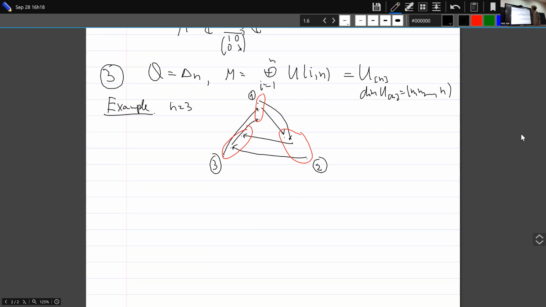So this is an example, and this is my representation. Could you show the general formula again for the maps? You see, this M is a direct sum of the U_{i,n}.